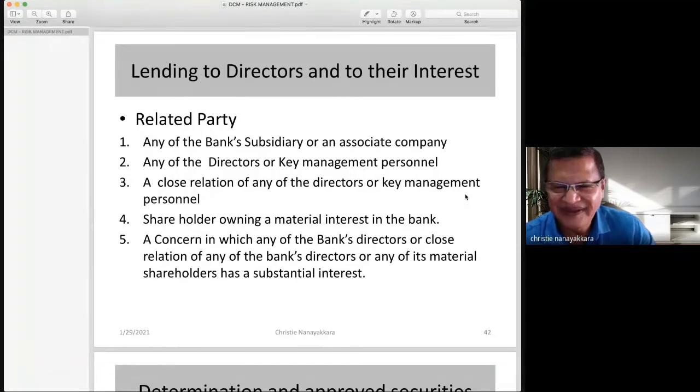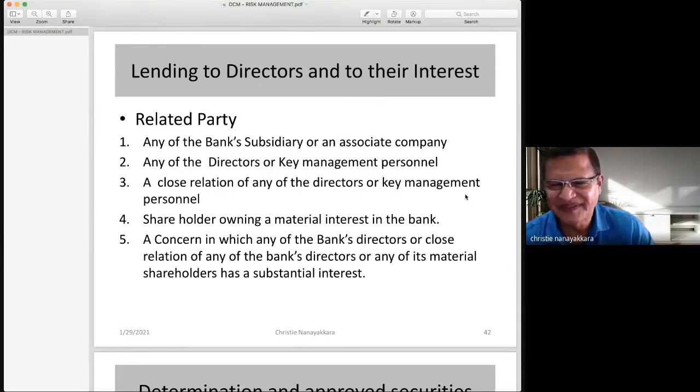Now company A has another 3 subsidiaries, right? We'll call them C, D, E. C is a 100% subsidiary of company A. What will happen is, if C wants to borrow money, C also becomes a related party.